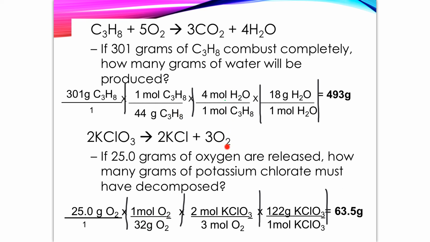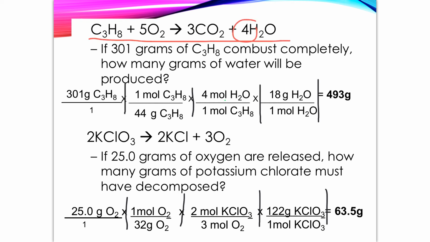The third section of the picket fence, or the factor label method, is the molar ratio of your wanted material versus your given material. Wanted material versus given material. You get these numbers directly from where? You get them directly from your balanced equation, right?